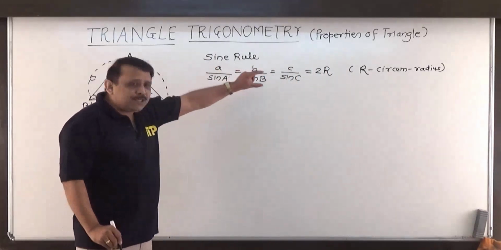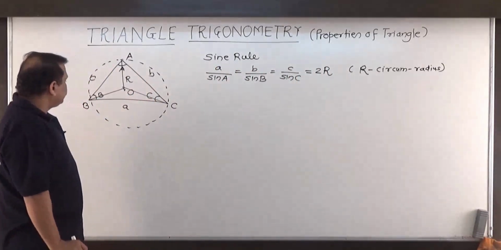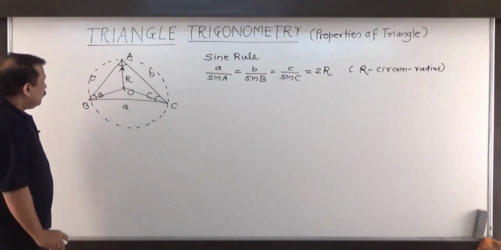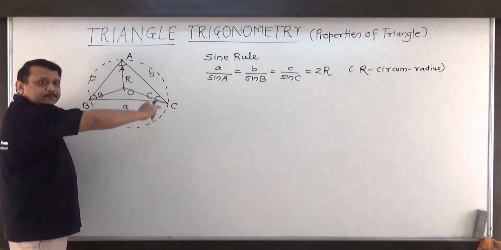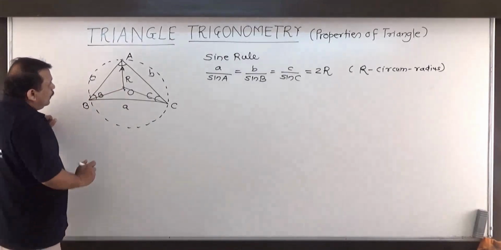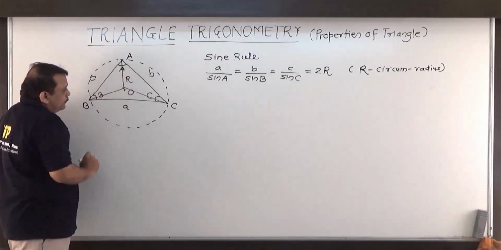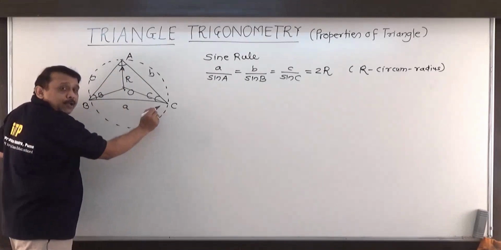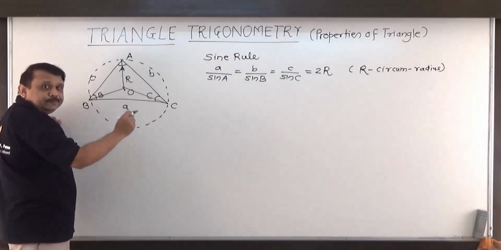Now how to establish this result? Let's see. Because this is a circle, this is the center of the circle, this angle is A, and this is the chord of the circle.